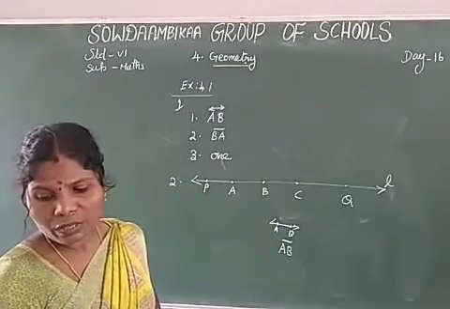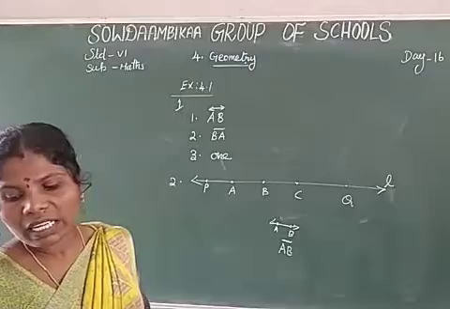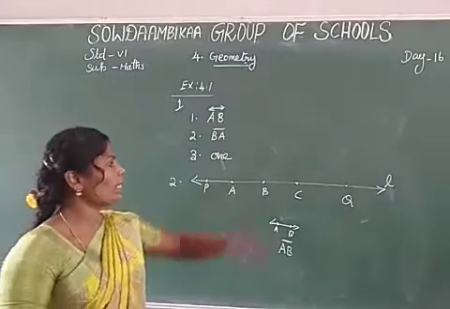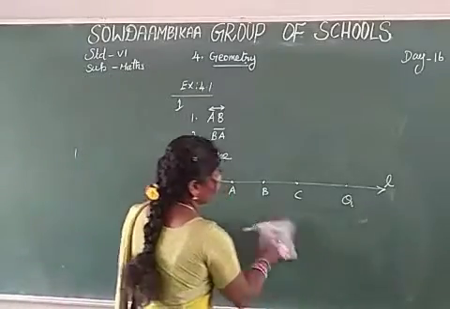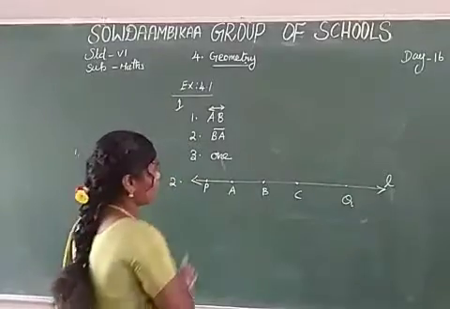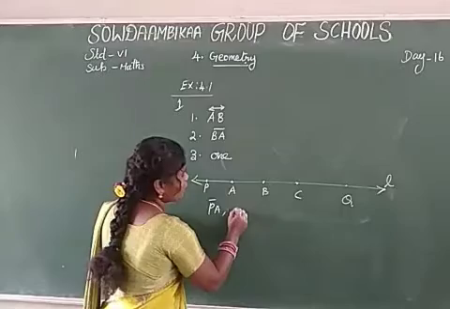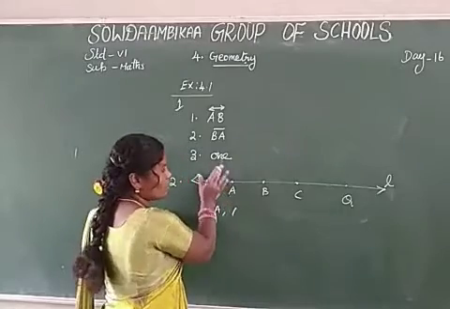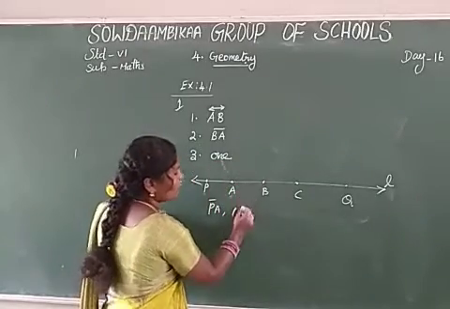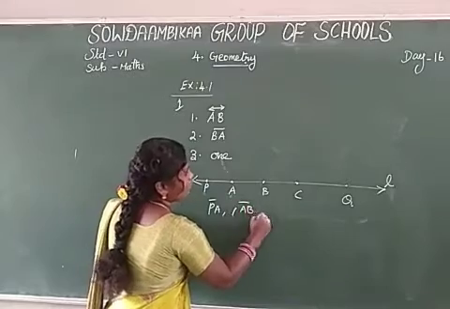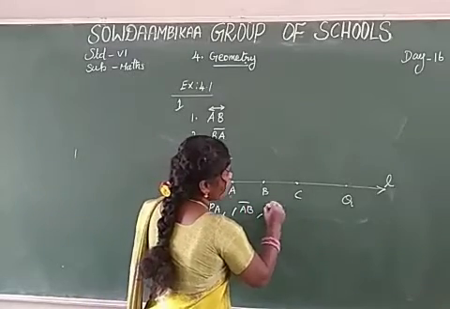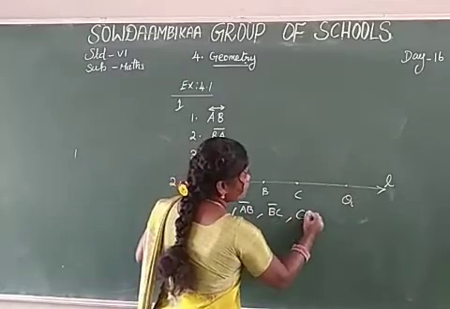Now, what does the question ask? How many line segments are there in the given line? First one, PA, AB. PA is one line segment, AB one line segment, then BC one line segment, then CQ one line segment.